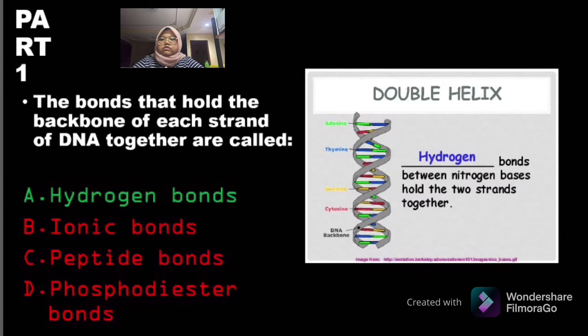For the fourth question, the bonds that hold the backbone of each strand of DNA together are called hydrogen bonds. So hydrogen bonds are between the nitrogen bases, and it holds 2 strands together.